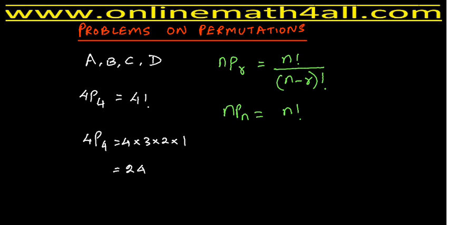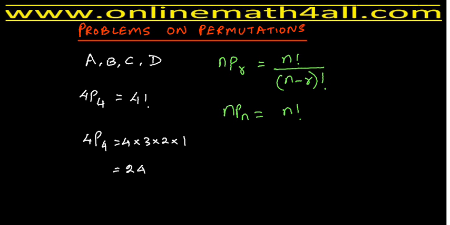And the student may have a question, that is, sir, we have the formula nPr is equal to n factorial over (n minus r) factorial, but you have not applied this formula. Always we don't have to apply the formula, because when I was explaining the basic concept of permutations, I have clearly explained we don't always need to apply it.